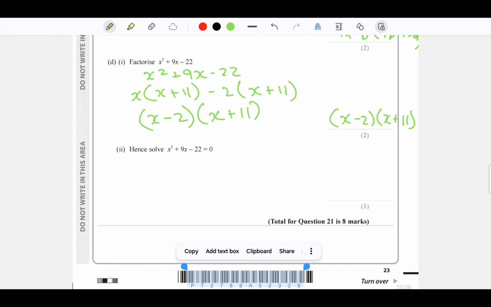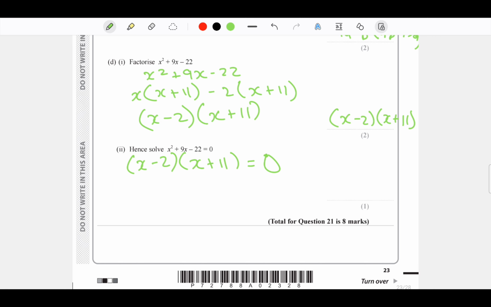Alright, so part 2, hence solve x squared plus 9x minus 22 equals 0. We know the factors of this equation already. It's x minus 2 and x plus 11. Bring the multiplication to the other side, it becomes division, and whatever number divided by 0 equals 0.